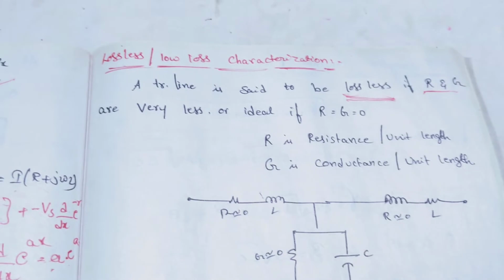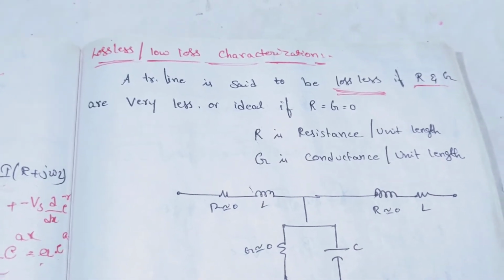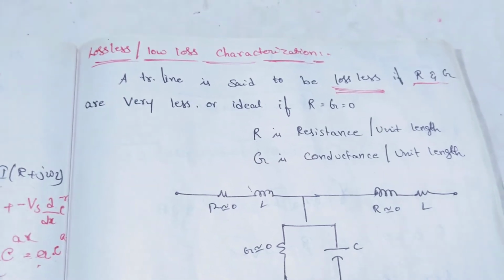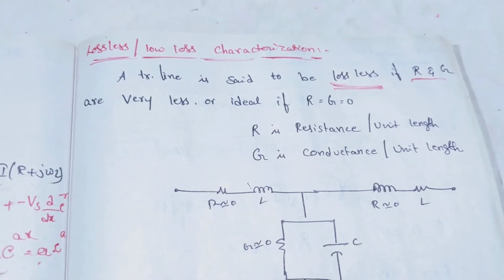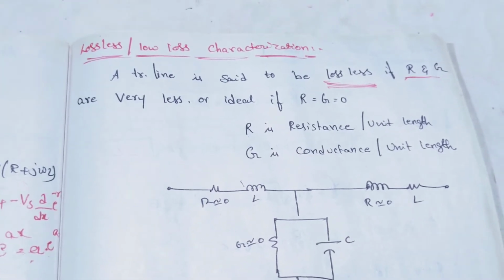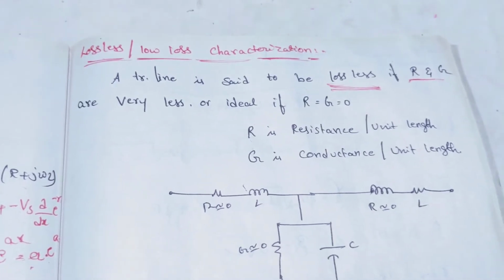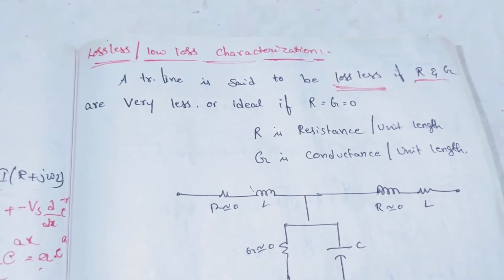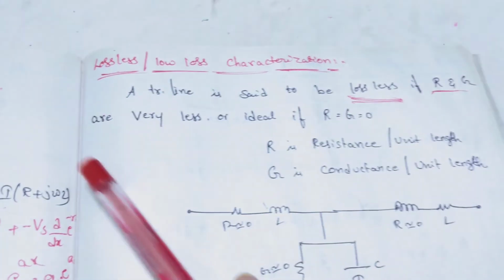Among all these, R gives the series I squared R losses, and conductance G provides the shunt losses. If the transmission line is said to be lossless, then the components corresponding to these losses will be equal to 0.